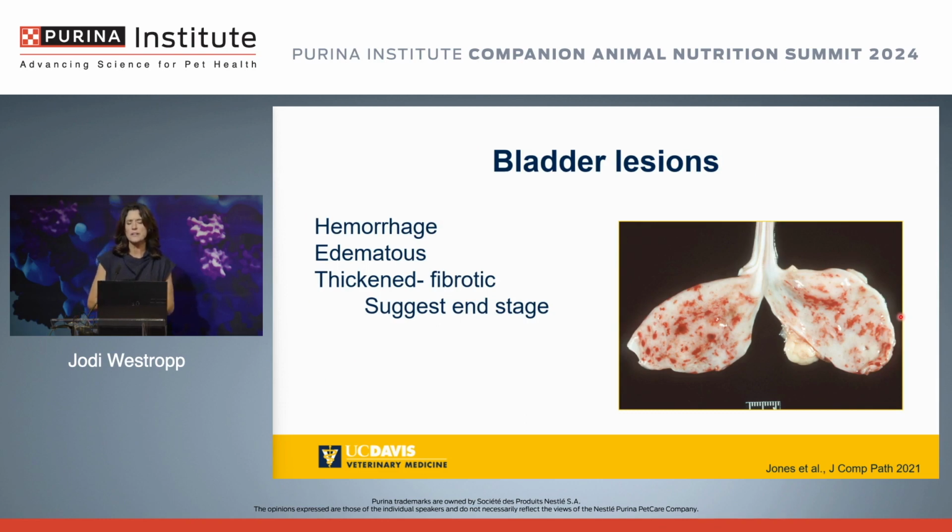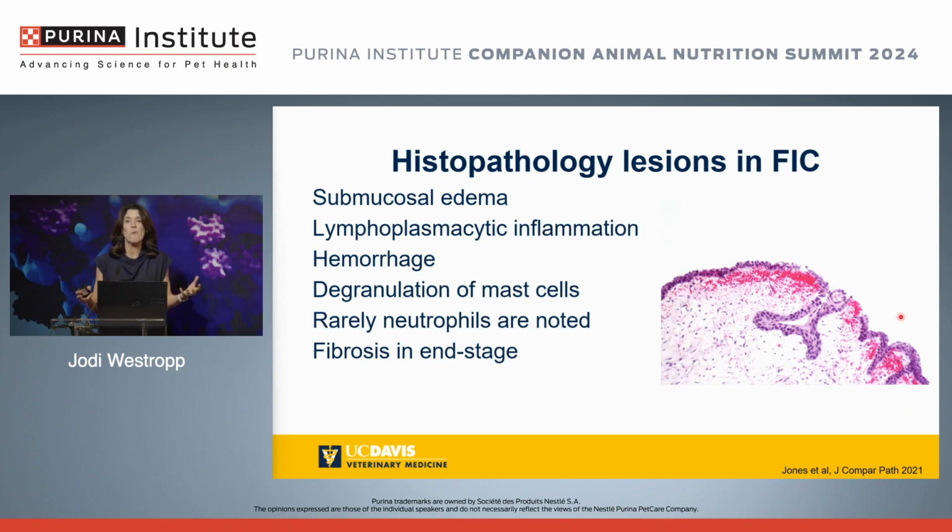Some gross lesions here that you can see. Hemorrhage, probably the biggest feature. You can see an edematous bladder, and sometimes the bladders can become so thickened they become fibrotic. And I'll show you some studies we did on how that might impact their voiding pattern. I have basically one histopath picture because we don't biopsy these cats anymore because, again, the lesions are fairly subtle.